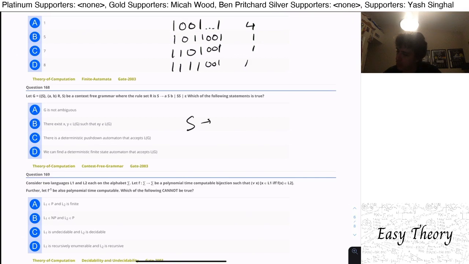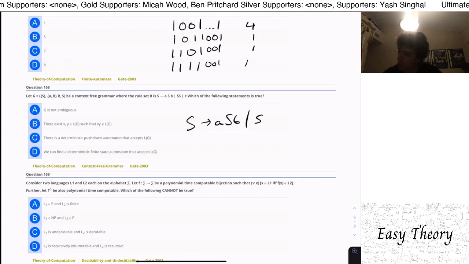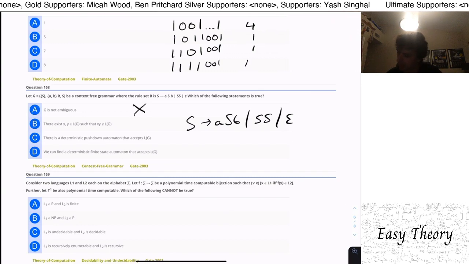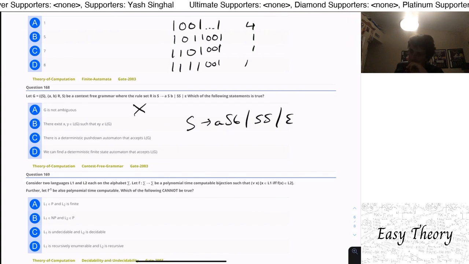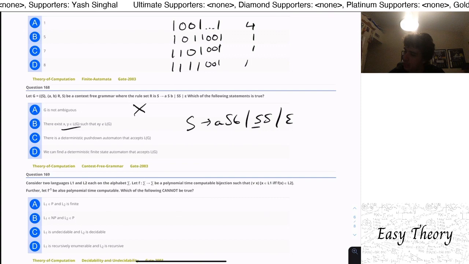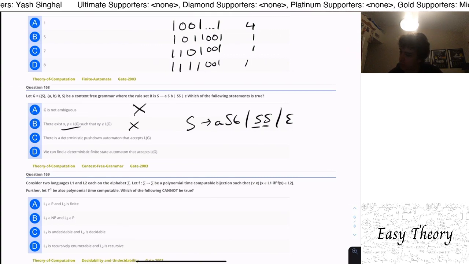So S goes to ASB or SS or empty. It is ambiguous because of the empty string. There exists, no, that's not true because of this condition, so that's not true.